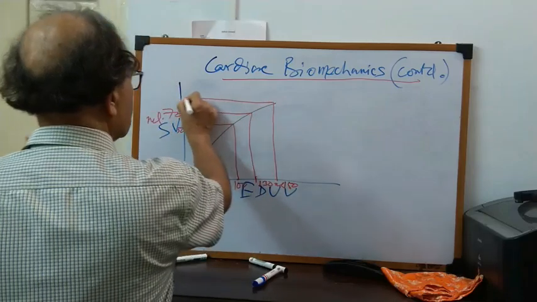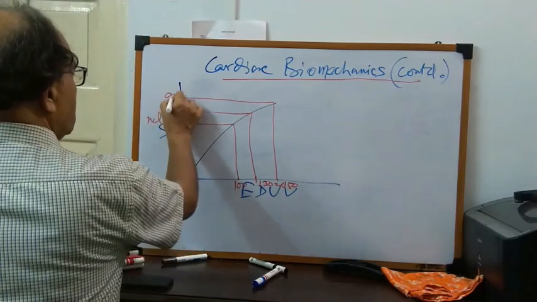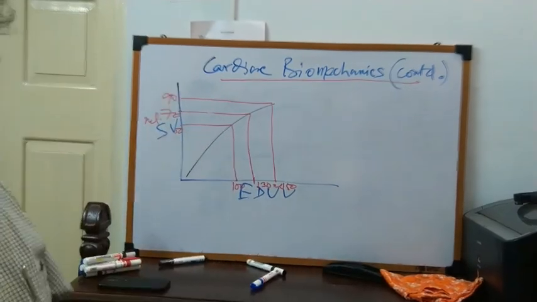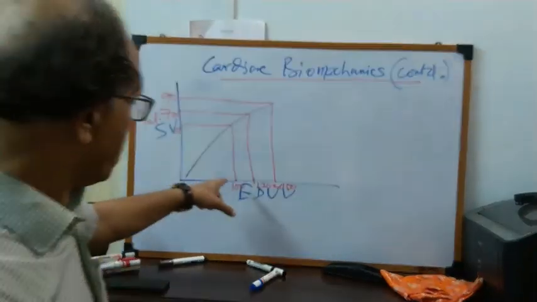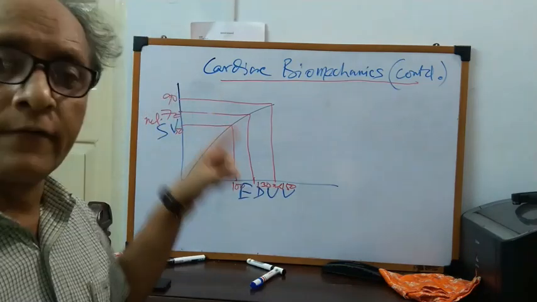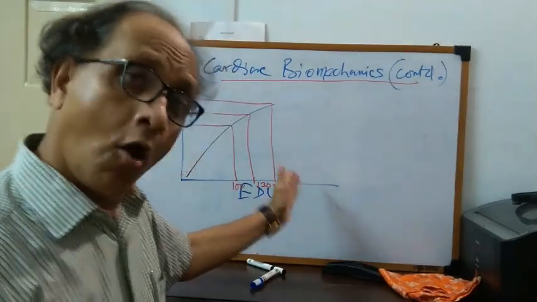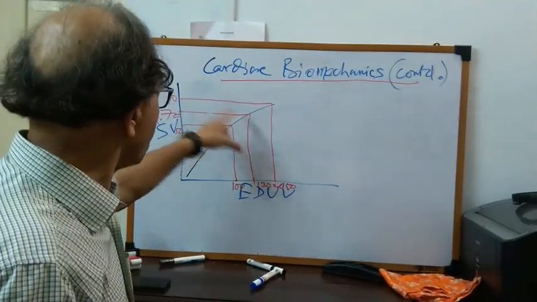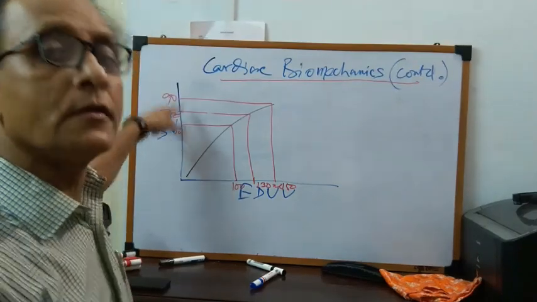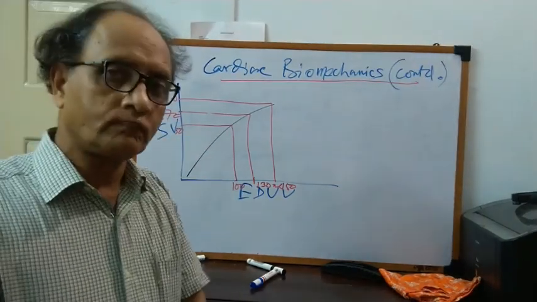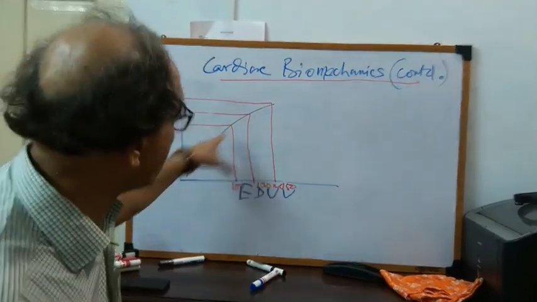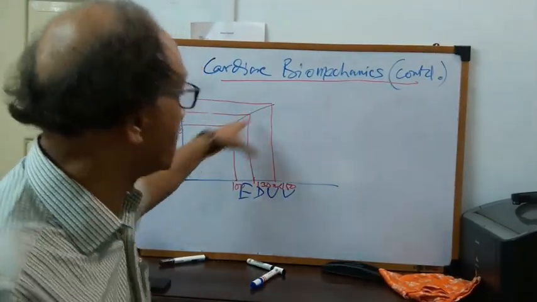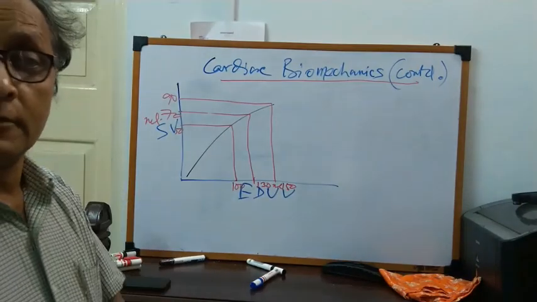The stroke volume will increase, say from 70 to 90 ml. So this is an almost linear relationship where as the end diastolic ventricular volume is increasing or decreasing, the respective stroke volume is increasing or decreasing. But how long will it go on? As long as it is remaining in a direct relationship in the ascending limb.